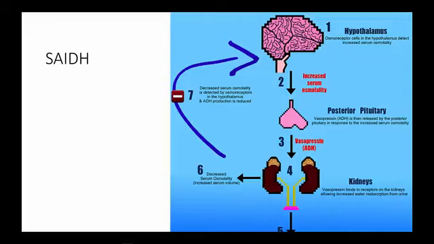If they have severe or rapid onset of hyponatremia, remember this can cause confusion, disorientation, delirium, muscle weakness, and in extreme cases, seizures and coma.